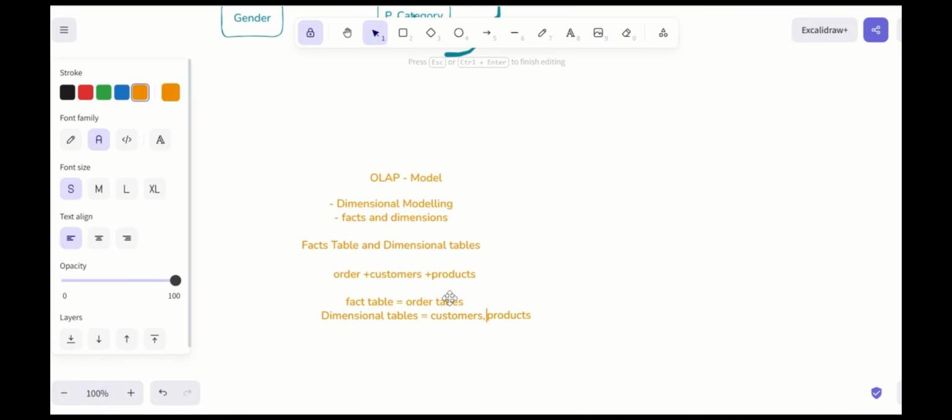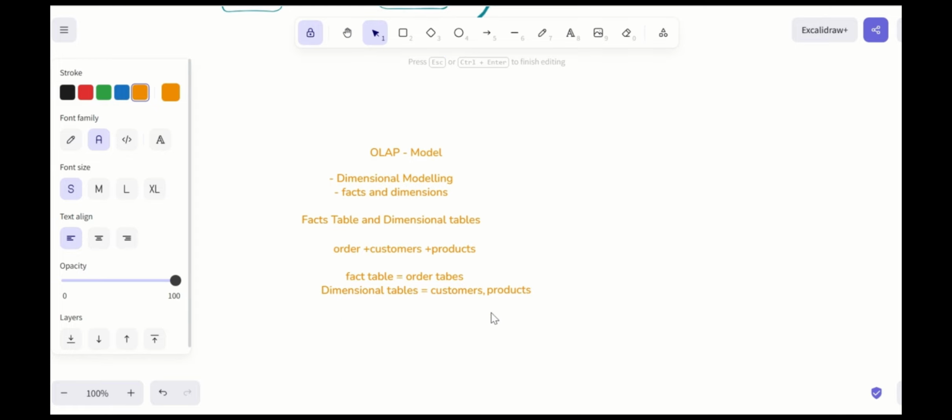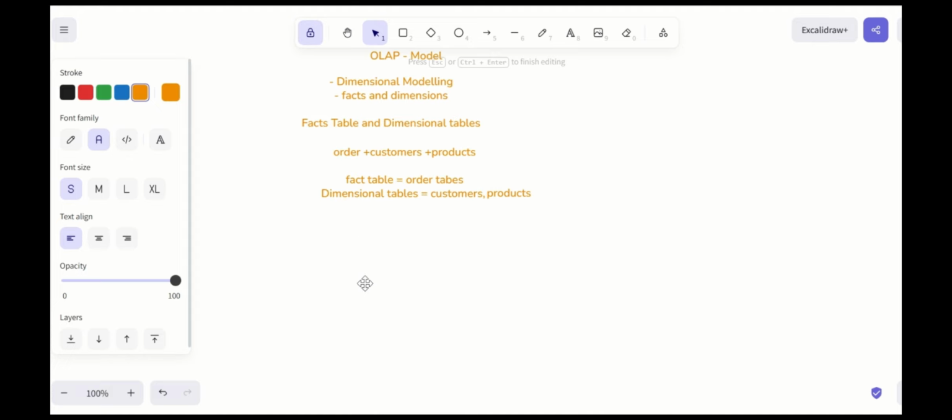So we have the orders table as the fact table, and the products and customer tables as dimensional tables.